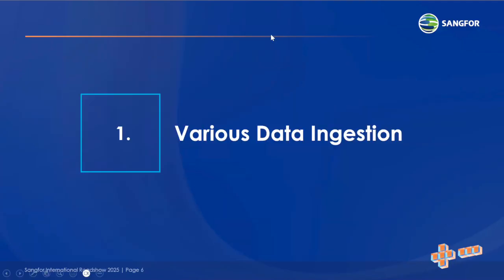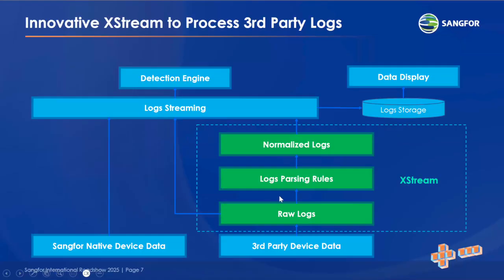The first thing is various data ingestion. How to understand that? Sangfor supports our native device data. We are highly focused on you using our EDR and firewall, but we also support third party. For third party, we collect the raw logs and pass them through our Xstream AI parsing engine.